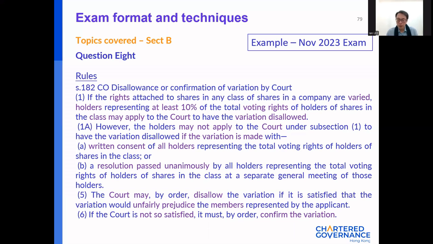It's entirely possible for the court to say, this is not right, it's unfairly prejudicial, so I would disallow the variation. So whatever change they made to articles would not be valid. However, it's possible for the court to say, everything is actually okay, it's fine. So the court can confirm the variation, then it will be a valid clause and it will be enforced.